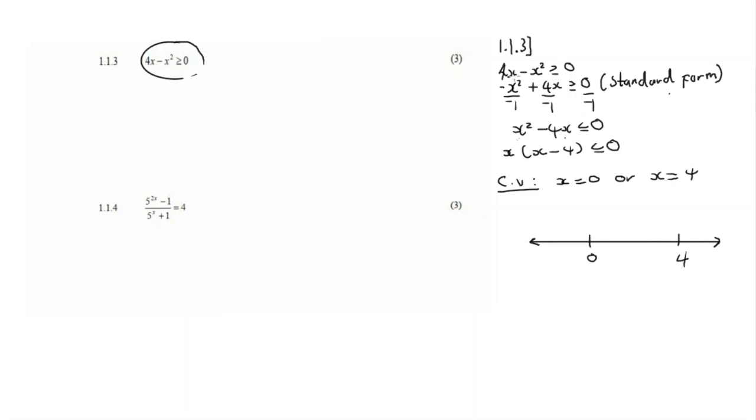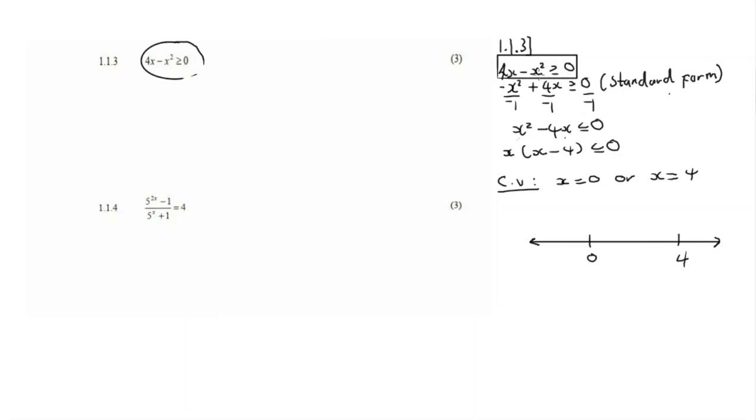I'm looking for the x values, the solutions for this equation, the x values that when I substitute into this original equation give a value that is greater or equal to 0.